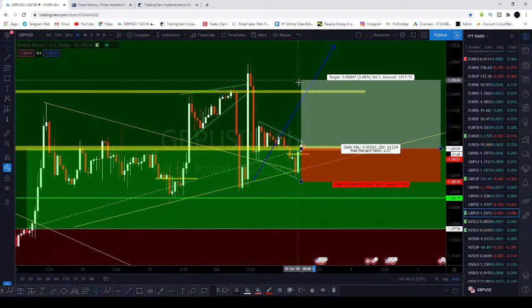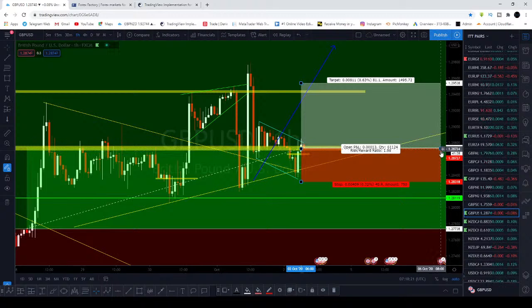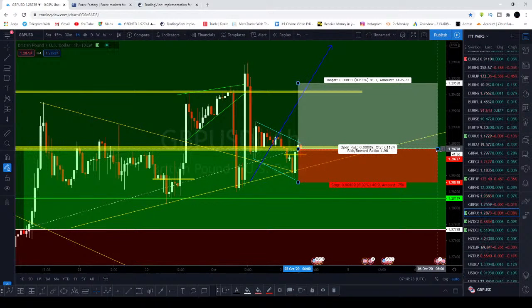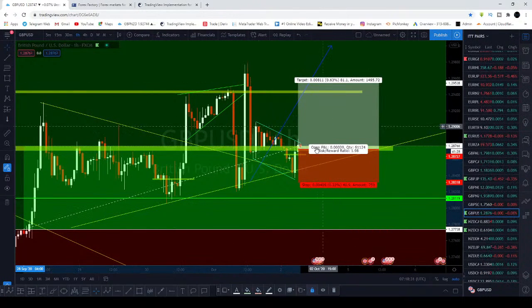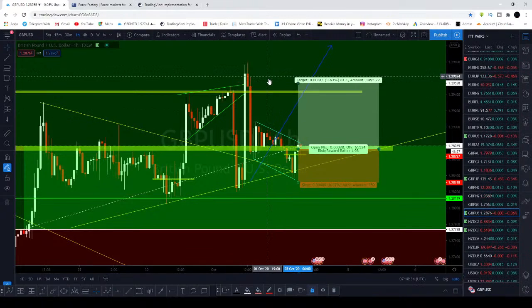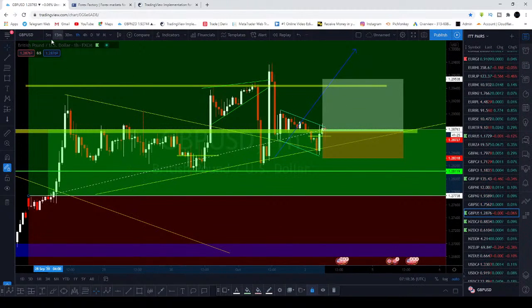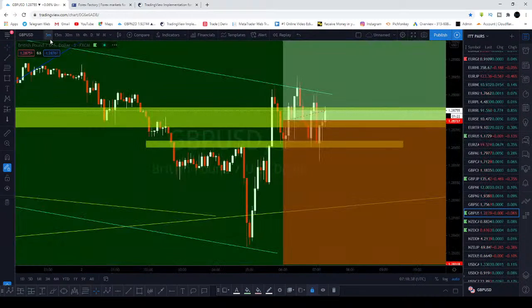Let it just be 80 pips, and as you can see, it is 81.1. So yeah, this is the stop loss and take profit for this particular pair, GBP USD, right?